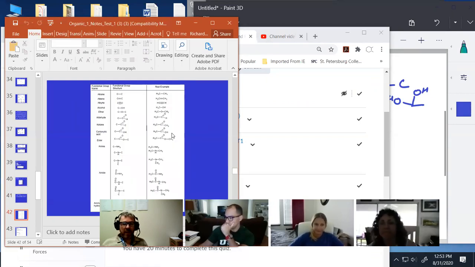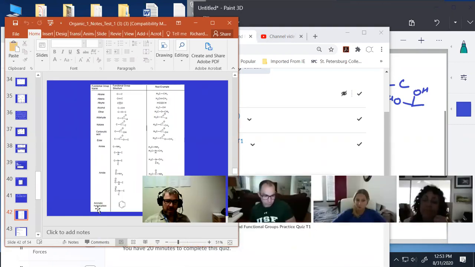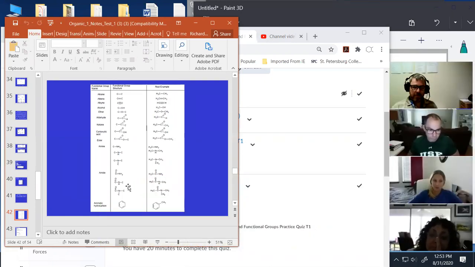These days, I'm super kind, and I actually provide you with this table without this real example here. So you don't have to memorize the functional groups and their structures. I used to make people do it, but I don't anymore.